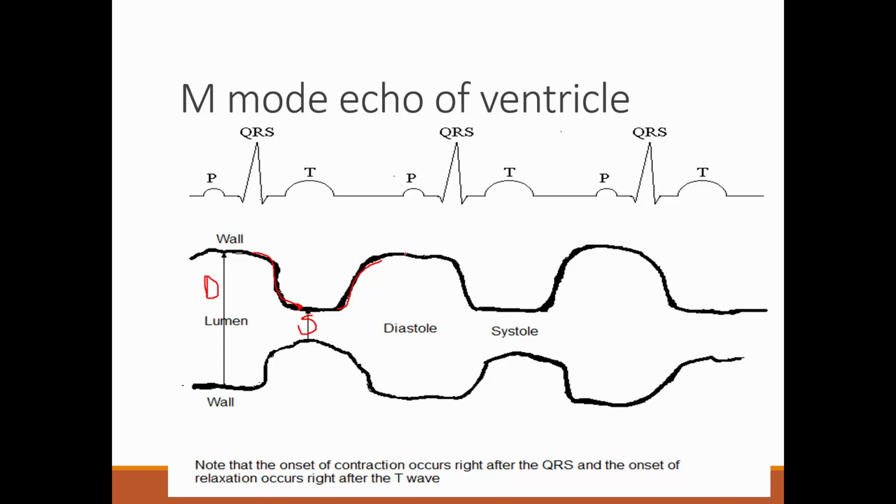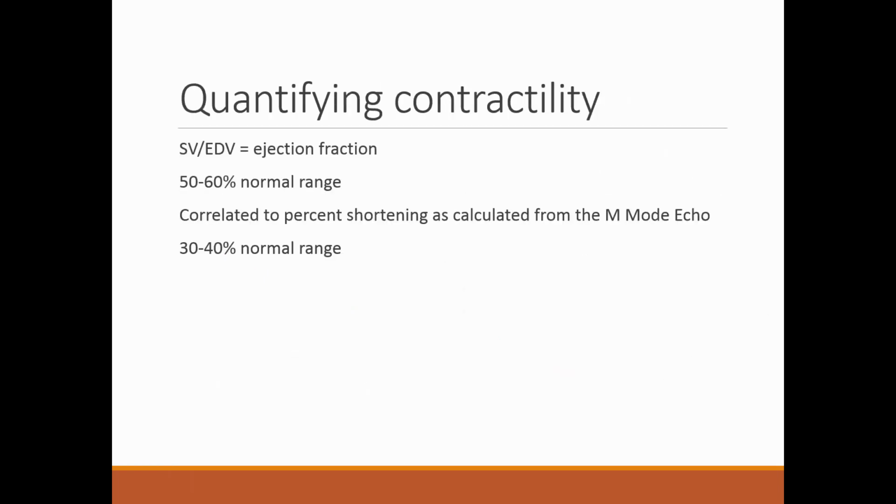So as I said in class, this is as much about thinking about how the electrocardiogram matches up with contractile events during the cardiac cycle. A measure of contractility is ejection fraction: stroke volume divided by end diastolic volume.